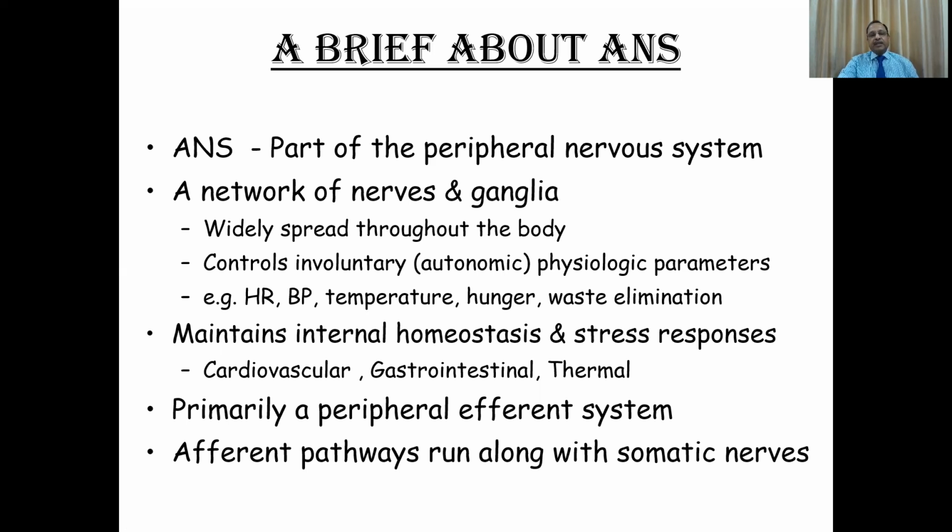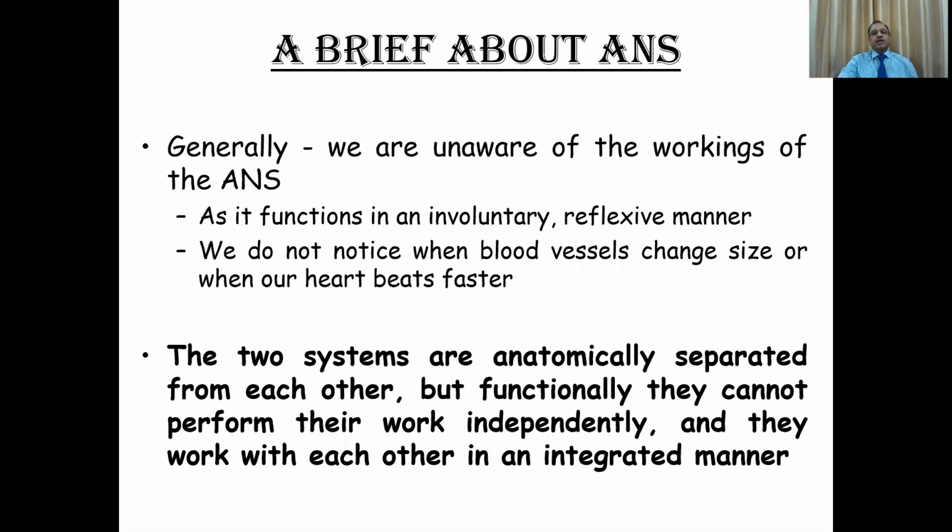By that we mean that the efferent pathways are very well described, and the afferent pathways run along the somatic nerves and they are not as distinct as the efferent system. So generally, we are not aware of the workings of autonomic nervous system, and it is unique in that sense as it works in an involuntary manner.